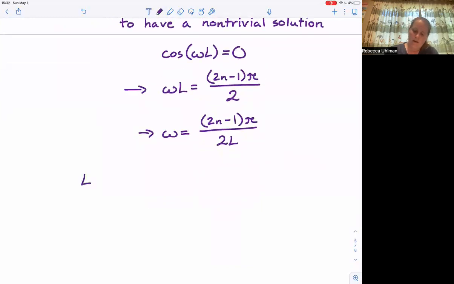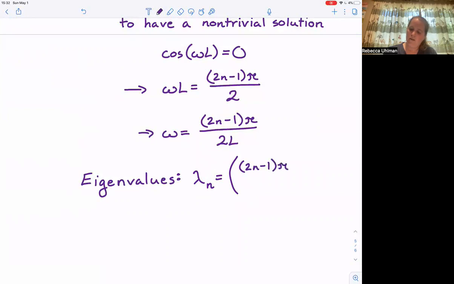So here we have eigenvalues of lambda sub n equaling 2n minus 1 times pi over 2L, the whole thing squared.